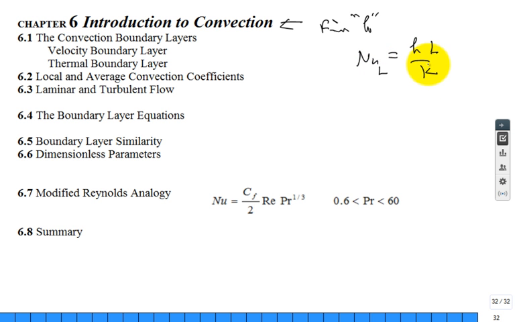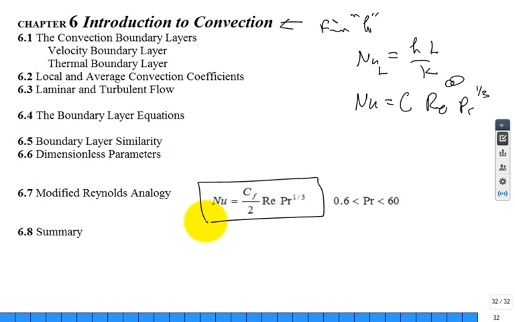So I can unravel the Nusselt to find the h. And then how do I get the Nusselt? Well, the Nusselt is often a constant, Reynolds to a power, Prandtl to the 1/3. Look at the equation here. From the structure, some exponent on the Reynolds, some exponent on the Prandtl, and some constant. They get more complex, but the simplest forced convection ones are like this.